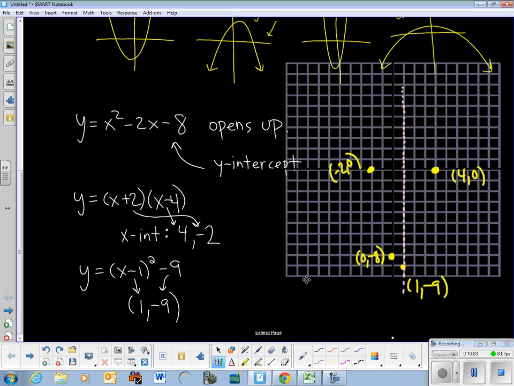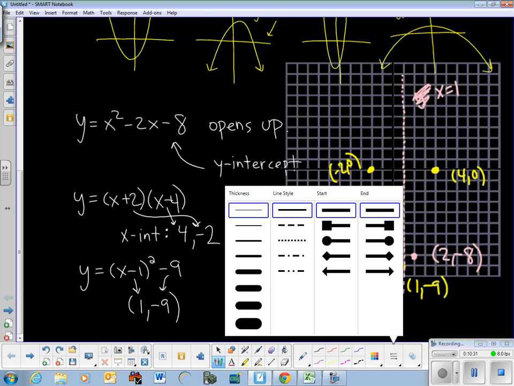So this pink line, which would have the equation x equals 1, that basically creates like this symmetry, the mirror image. So any point on one side, I can reflect over to the other side and get another point. Okay, so the point 2, -8, although it didn't come from any of my forms of the equation, I can get it pretty nicely, and that just helps me get a little bit better picture.